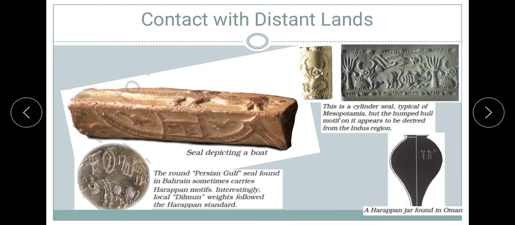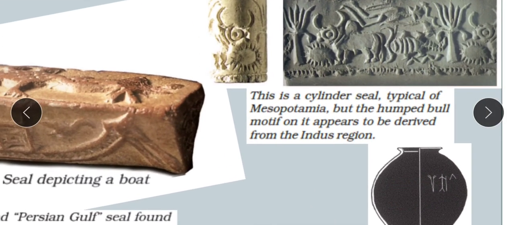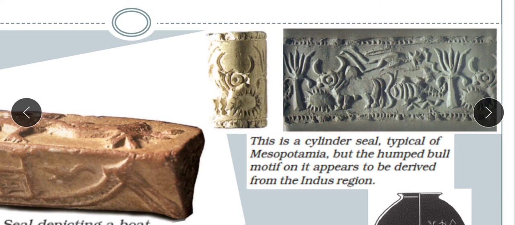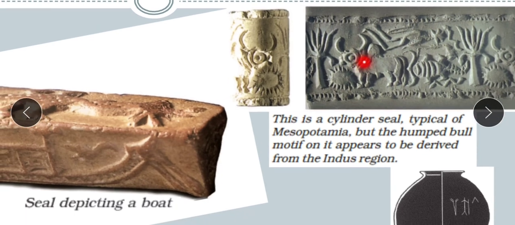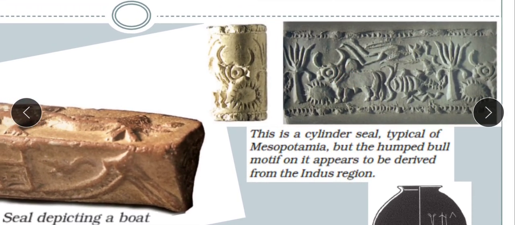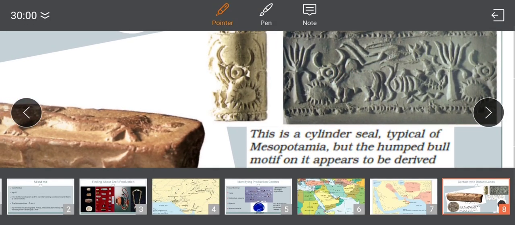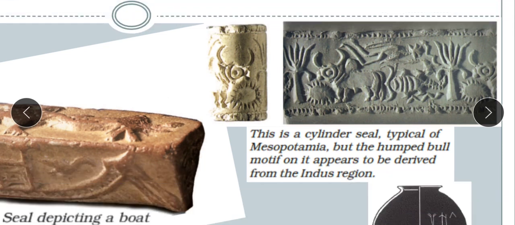The other part, then we have different evidences like here we see a cylindrical seal typical of Mesopotamia but, और यहाँ पे देखो there is a humped bull right here. Sorry, humped bull, sorry, camel नहीं. तो यहाँ पे humped bull है which they could have derived from the Indus region. So there is a connection between Mesopotamia and Harappa.